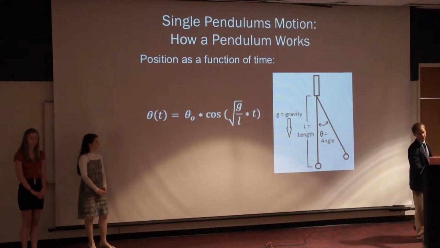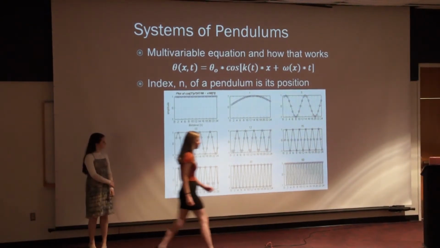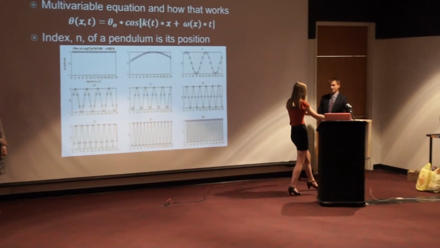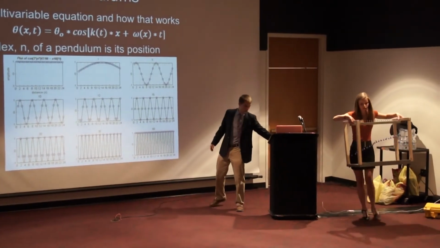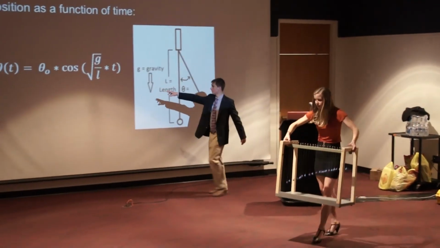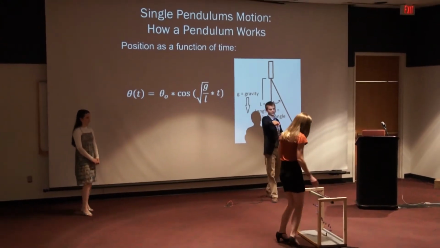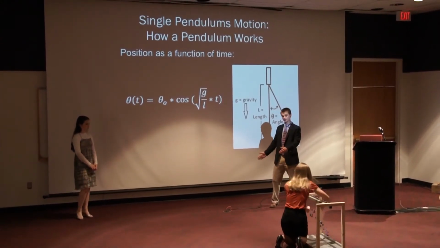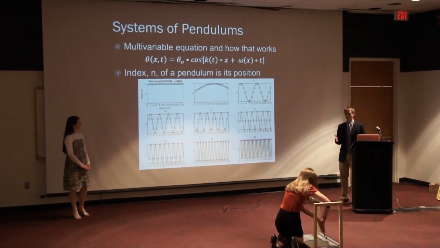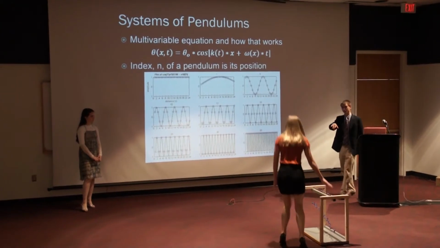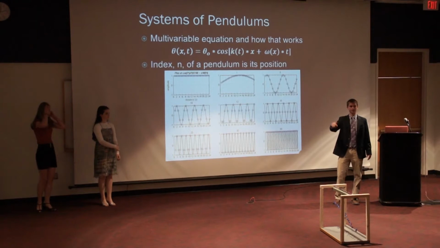The next logical step is to apply this to a system of pendulums, and the difference between that and the previous slide with the single pendulum is that the length varies across the system. So the equation theta of t has two variables, both length and time, and we define length as a function of x, where x is the position along the line of pendulums. So we get a multivariable function of x and t. And we're also going to refer to the index of a pendulum throughout our presentation, and that is simply the number of the pendulum: pendulum 1, 2, 3, 4, and so on.